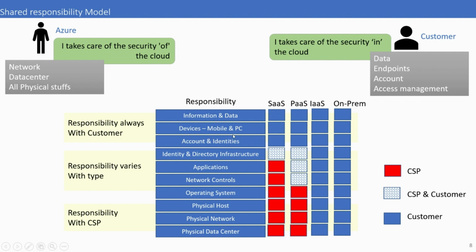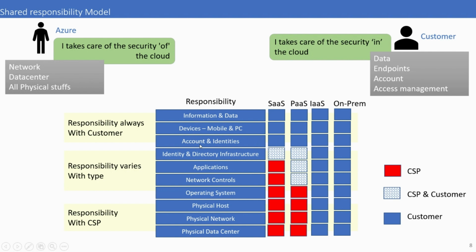If you take device and mobile or personal computer, again SaaS, PaaS and IaaS have to be owned by the customer. The reason being, the mobile device can connect to the SaaS environment. Required security patches need to be installed in the mobile or the PC through which the customer is connecting to the SaaS. So it is the responsibility of the customer to take care of such aspects.